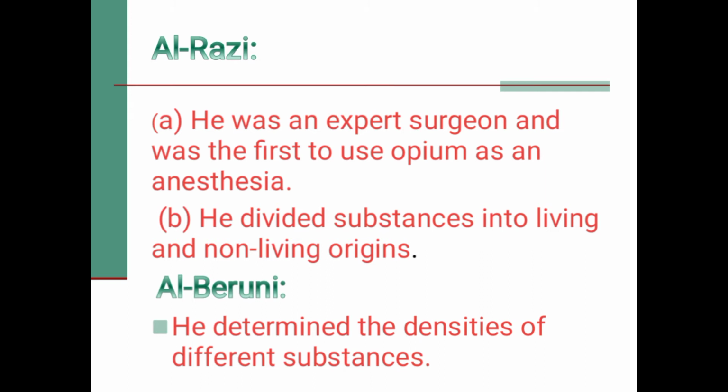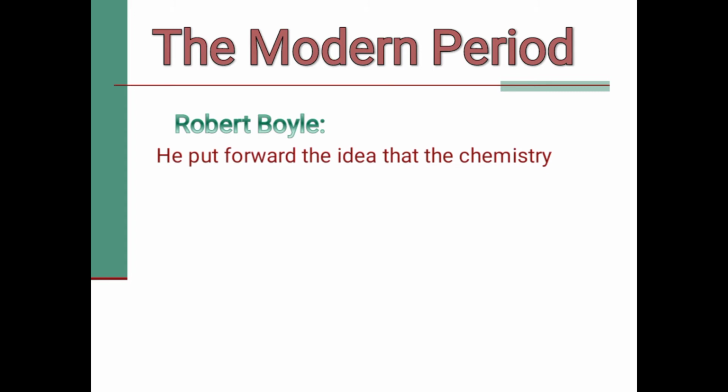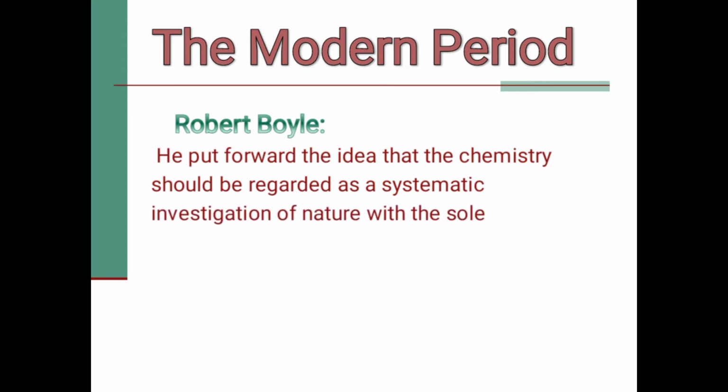So students, after the Muslim era, the modern period started, and the most prominent scientist of the modern period was Robert Boyle. Robert Boyle was also known as the father of modern chemistry. He put forward the idea that chemistry should be regarded as a systematic investigation of nature with the sole aim of promoting knowledge.